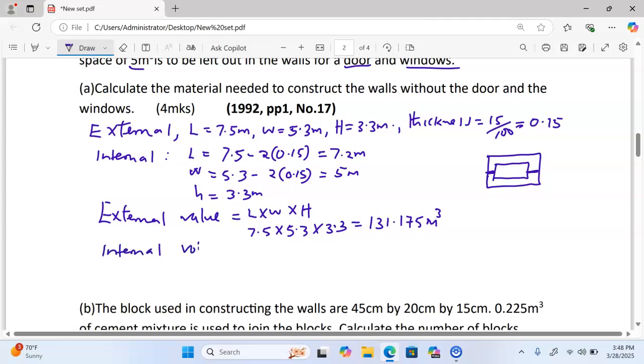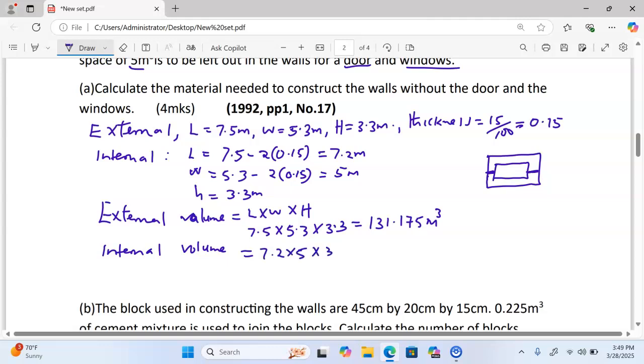The internal volume is going to be gotten by multiplying the internal measurements, which is 7.2 times 5.